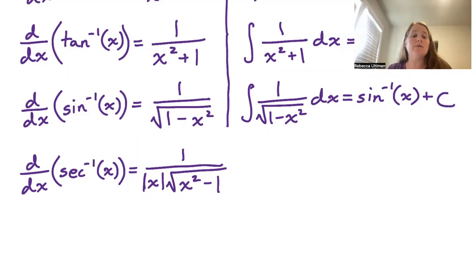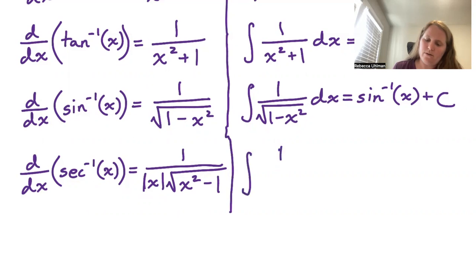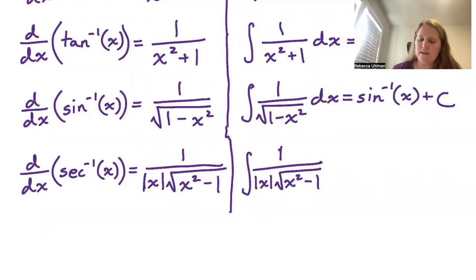So derivative of secant inverse is 1 over absolute value of x times square root of x squared minus 1, all in the denominator there. Therefore, if we wish to take the integral of 1 over absolute value of x times square root x squared minus 1, all in the denominator, dx, this is secant inverse of x plus c.